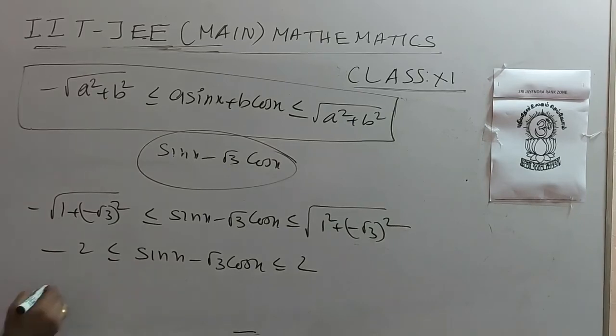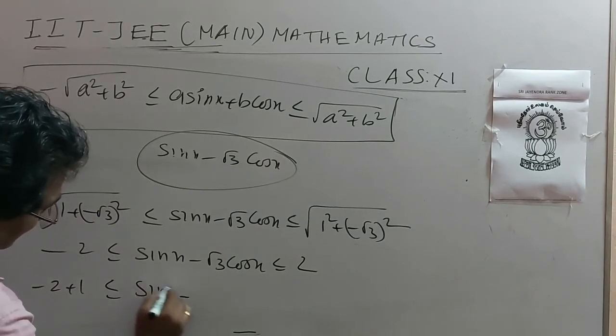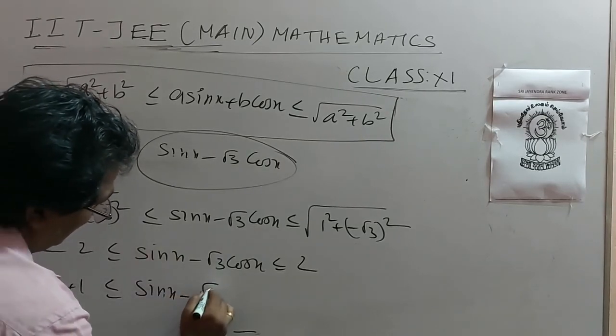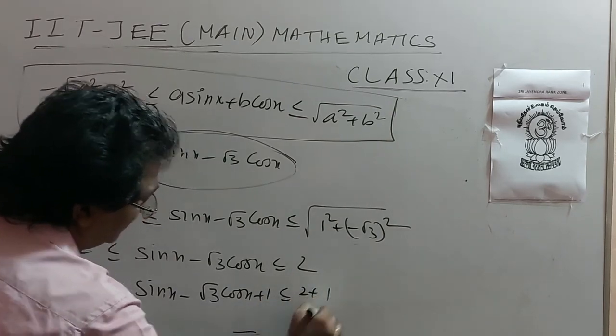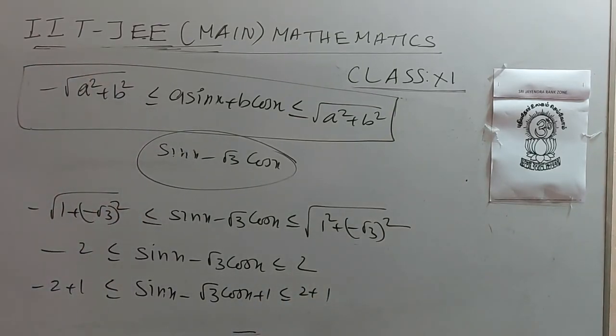Adding 1 on both sides, minus 2 plus 1 less than or equal to sin x minus root 3 cos x plus 1 less than or equal to 2 plus 1.